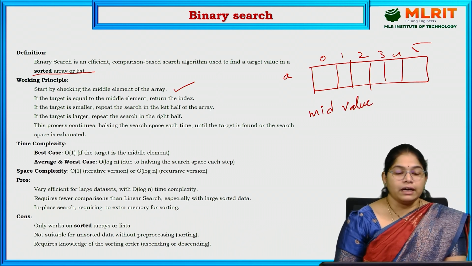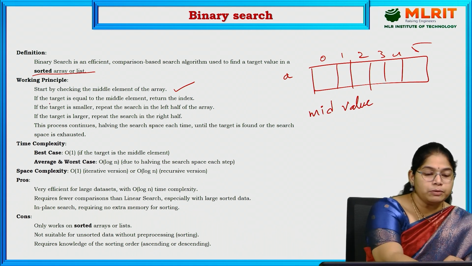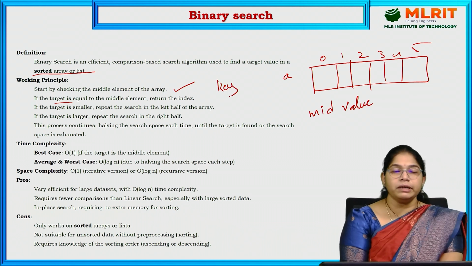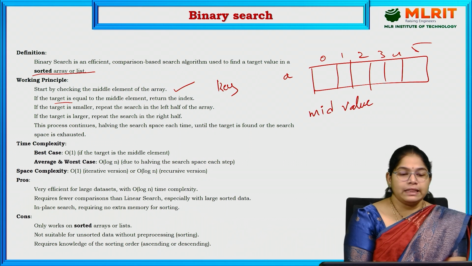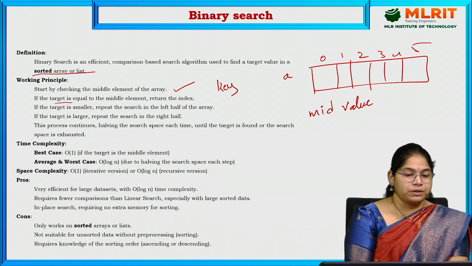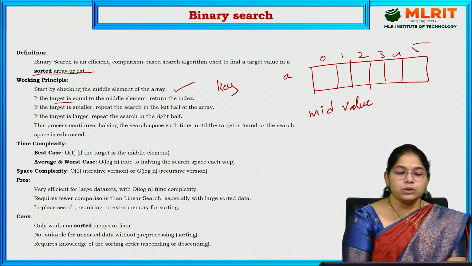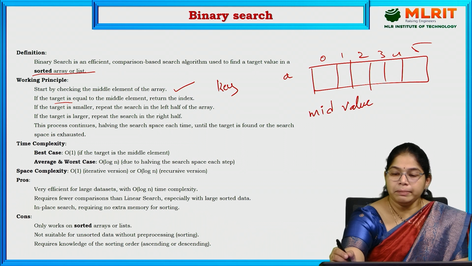If the target is equal to the middle element, return the index. Let us suppose the target value is the key value, which is equal to the middle element, we will print the index present in that location. If the target key is smaller, repeat the search in the left half of the array. First we'll find out the mid value.